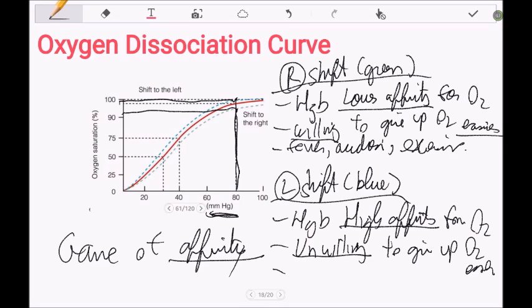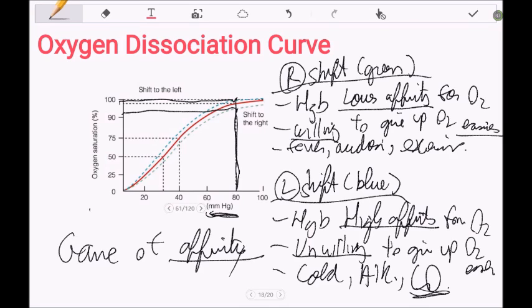Now, is this a good thing? It's not, right? Because that means that your cells will not be able to use the oxygen that is in the blood because the hemoglobin keeps retaining it and not giving it up. We can see this in, for example, hypothermia, alkalosis, because it's the opposite of acidosis, and carbon monoxide poisoning.